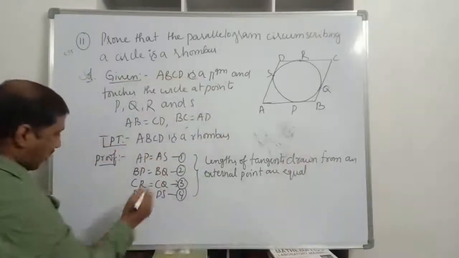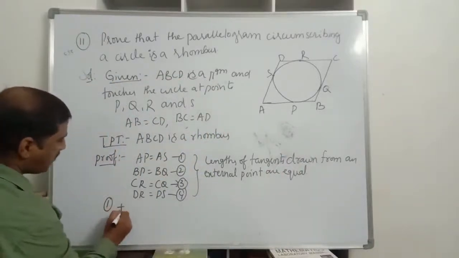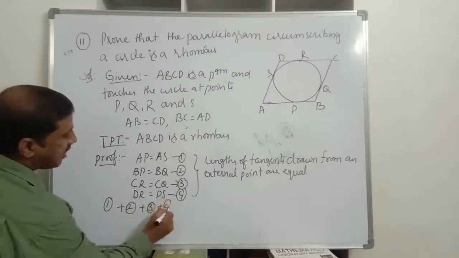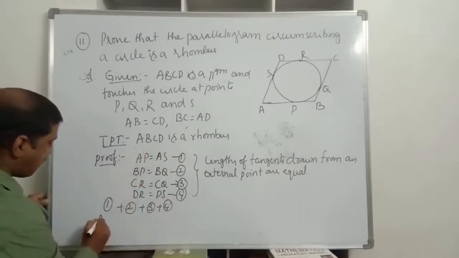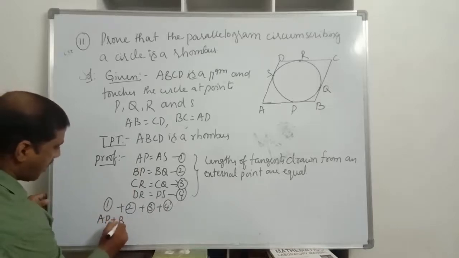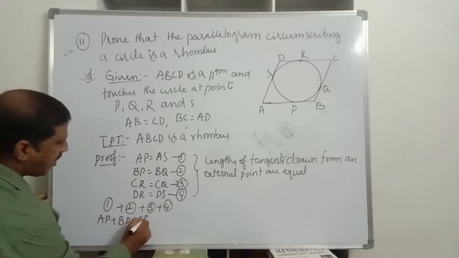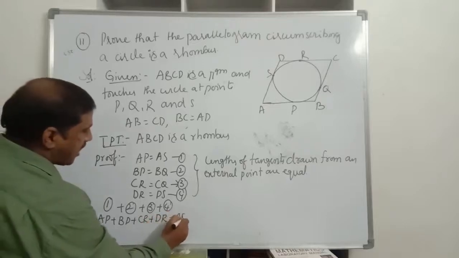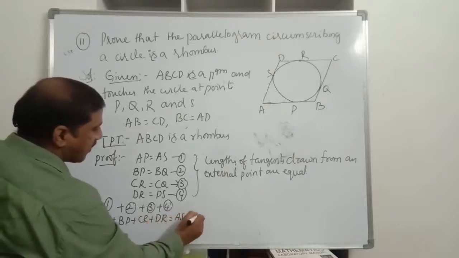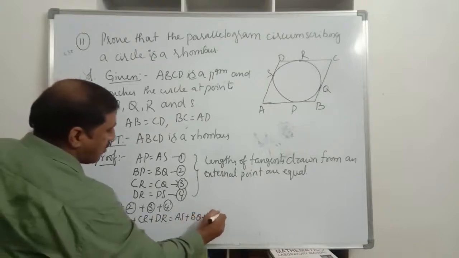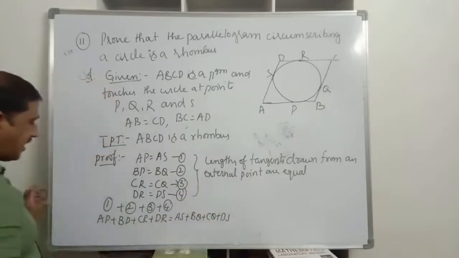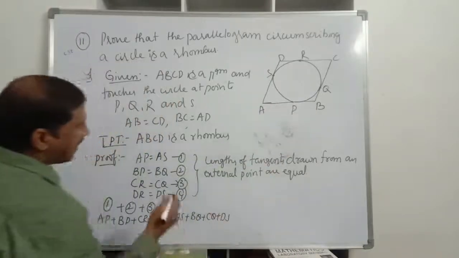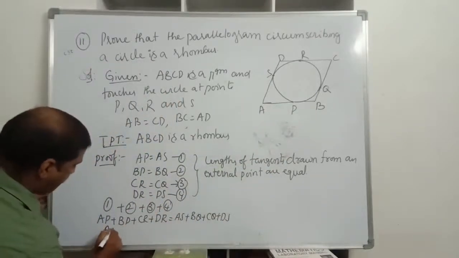Now add all the equations. Equation 1 plus equation 2 plus equation 3 plus equation 4. So what we get? AP plus BP plus CR plus DR is equal to AS plus BQ plus CQ plus DS. Now you see here, AP plus BP is AB.